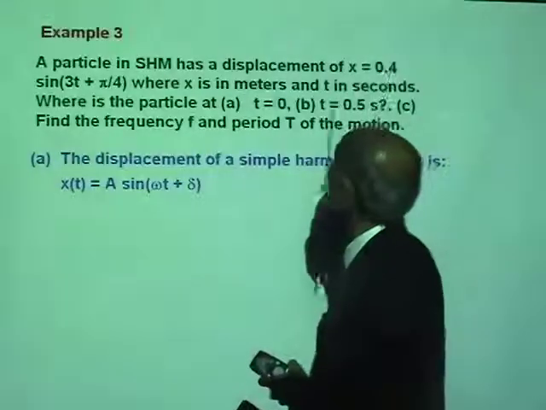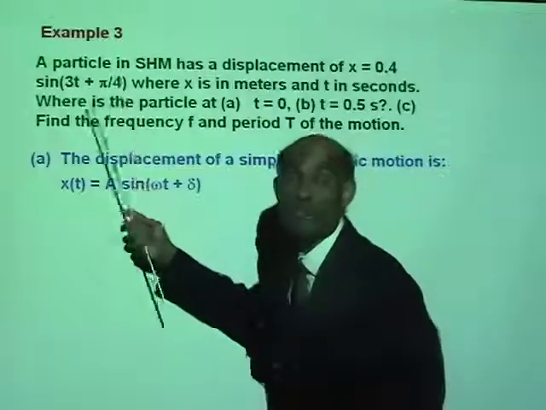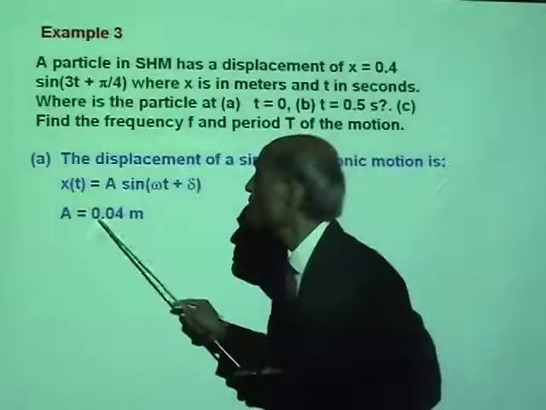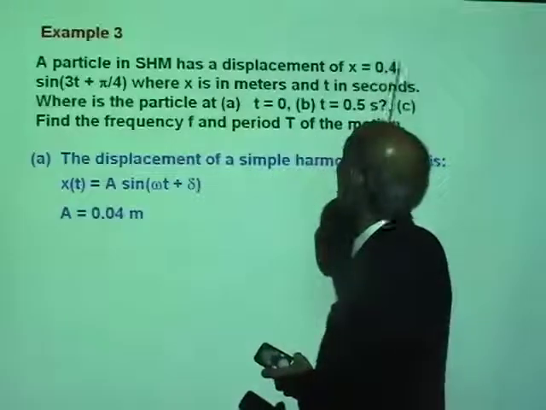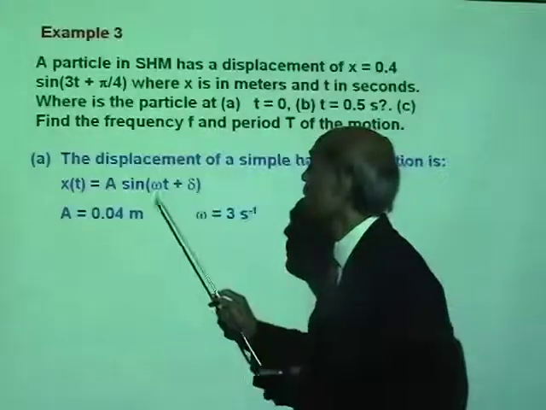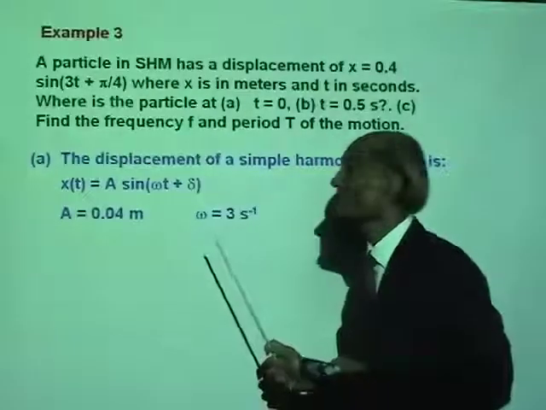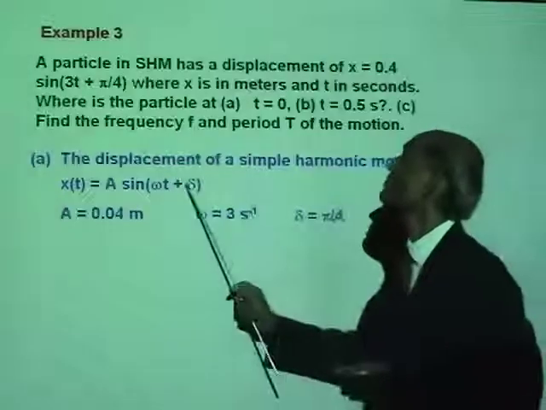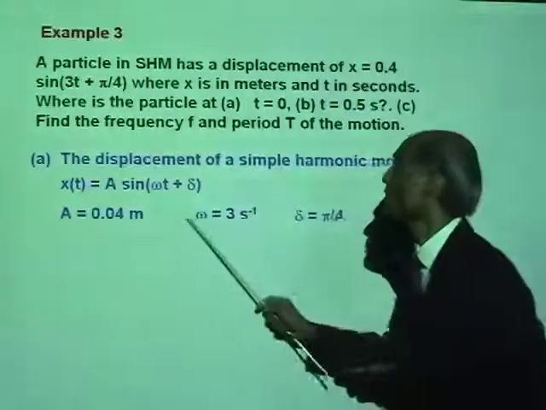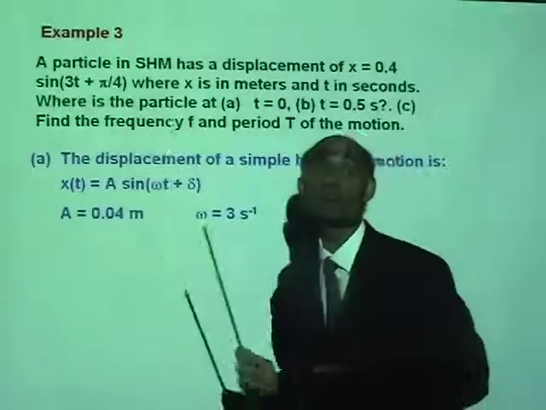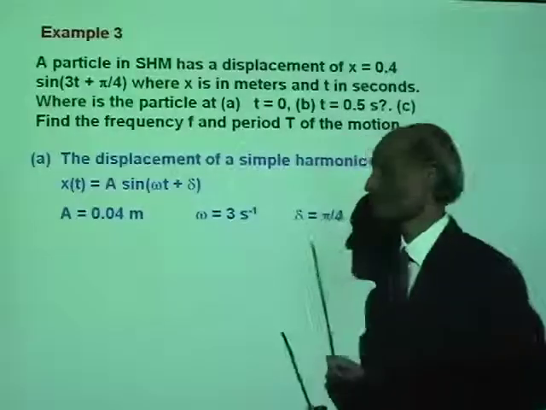So when you are given an equation, you should be able to pick information from it. So amplitude A equal to 0.4 meter, omega equal to 3 hertz, and delta equal to pi by 4. This is the information that is contained in the given position function.